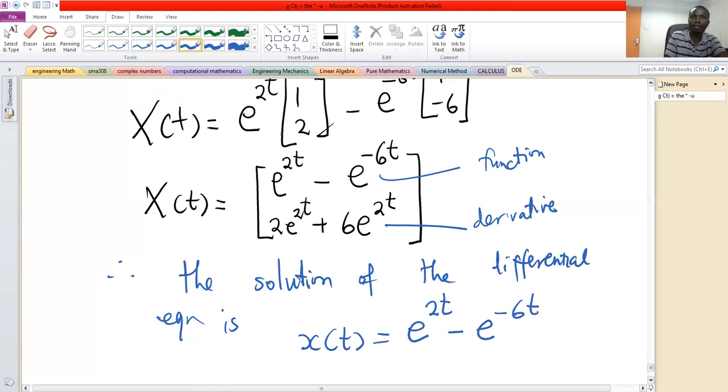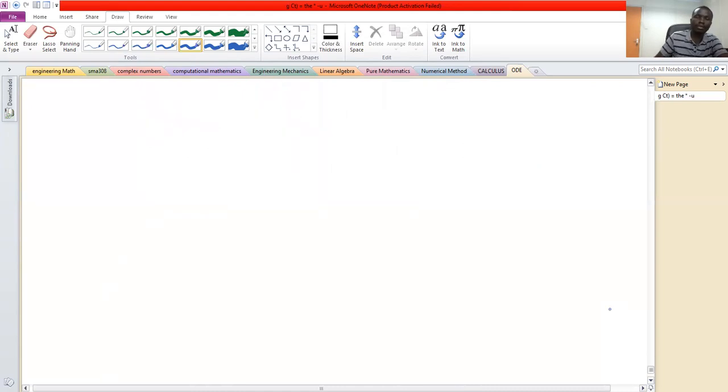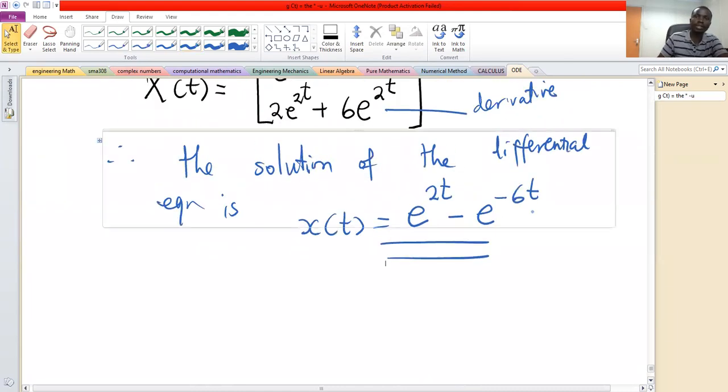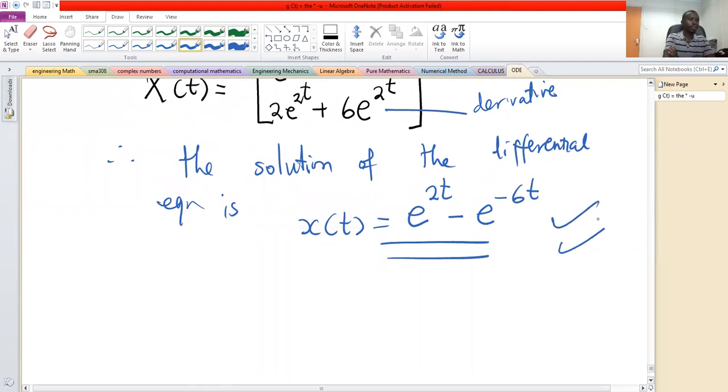You pick what is in the first line, and so that is the solution. And if you are to find the derivative, then what is below is the derivative. So this is the solution to the differential equation. Thank you.